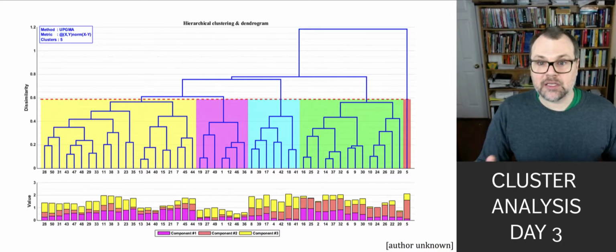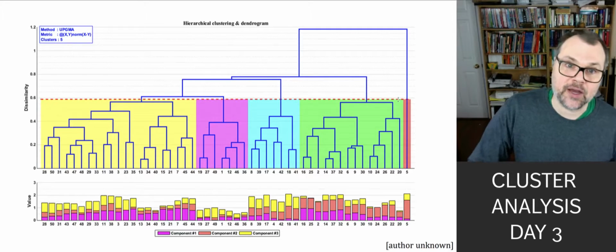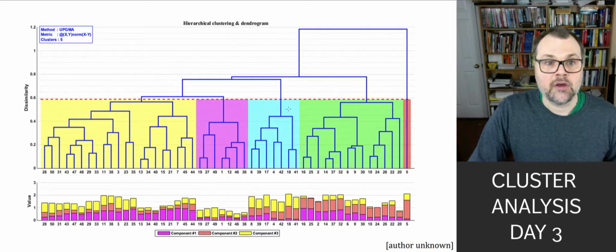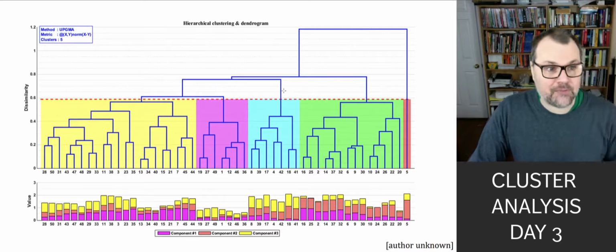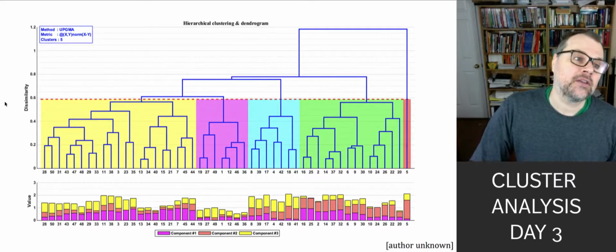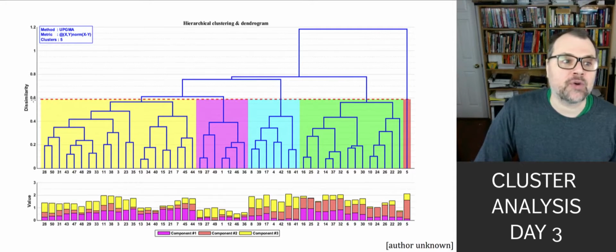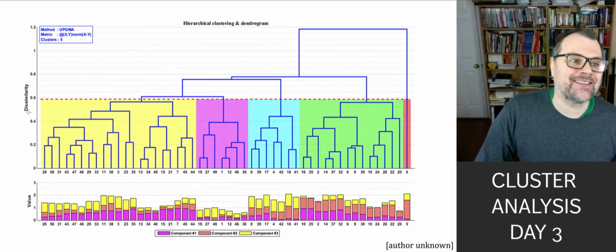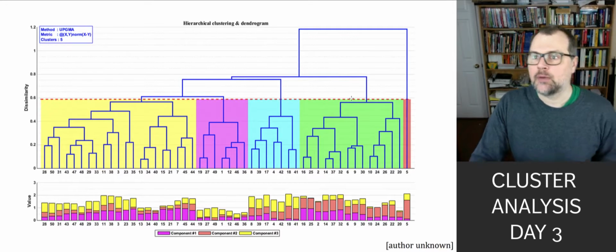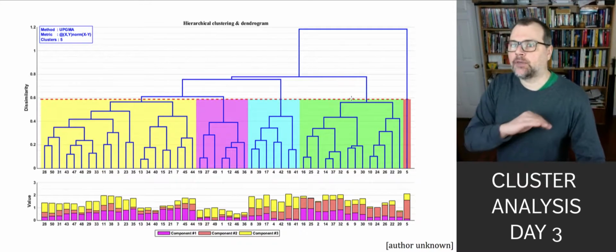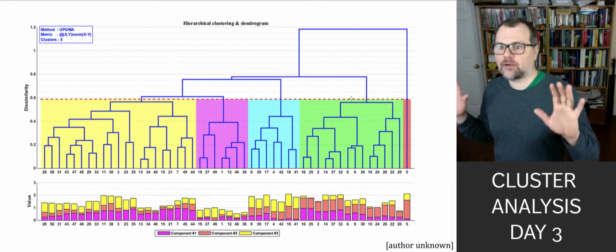So you're building this all the way up, and you end up with one cluster at the very top. The user for this example has decided to cut the clusters once they've reached a dissimilarity level of 0.6. And doing so has basically chopped the dendrogram into 5 components.